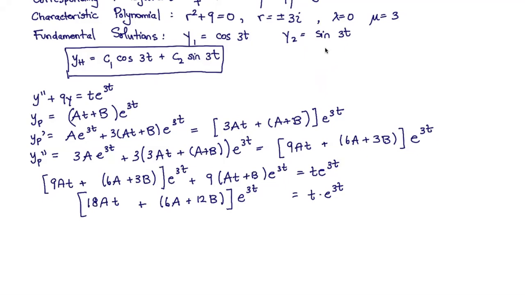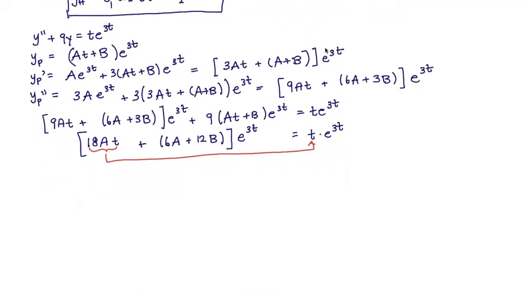As was the case previously, we will equate our coefficients so that whatever we see on the left has to equate to what's on the right. In our first situation, we find out that 18a has to equal 1, in which case a is equal to 1/18. We find out, secondly, that 6a plus 12b has to add up to be 0.